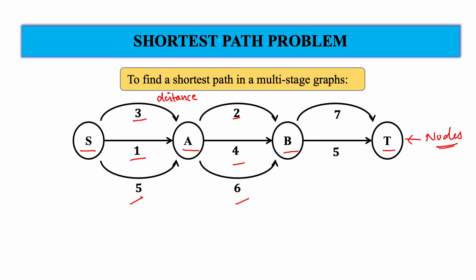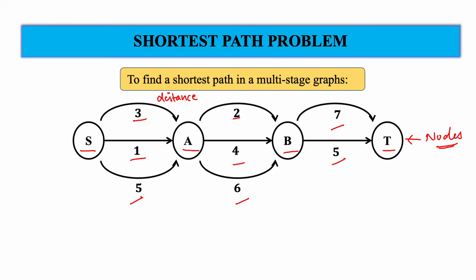From B to T we have two different paths, 7 and 5 units. Now what is the problem? The problem is to find the shortest path from S to T. Which path should we adopt so that the distance from S to T is minimum? So how do we find that path?